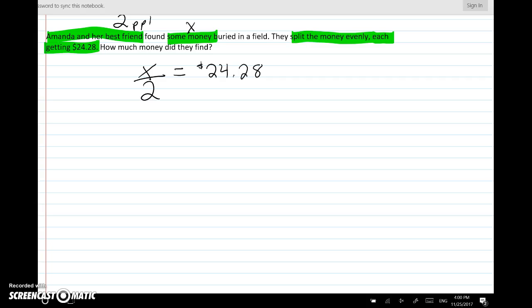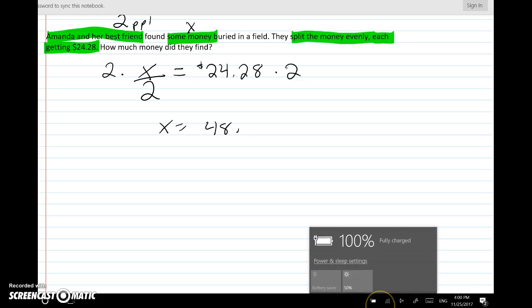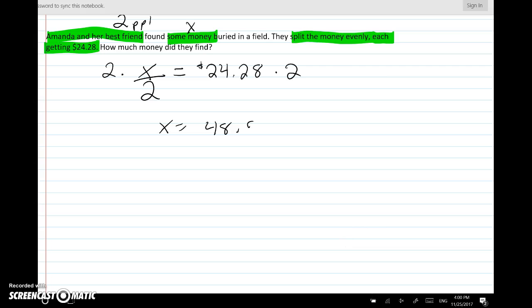Let's go ahead and solve this. Multiply both sides by 2. Again, you can cross multiply. You're going to get the same thing. x equals $48.56.